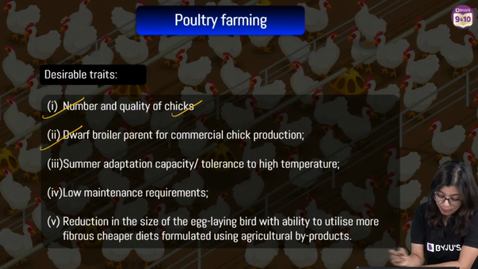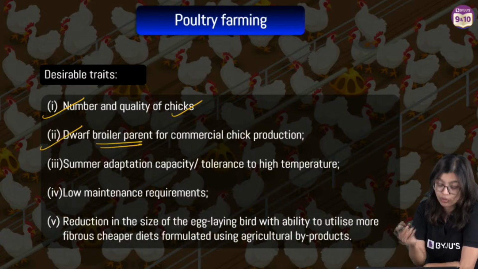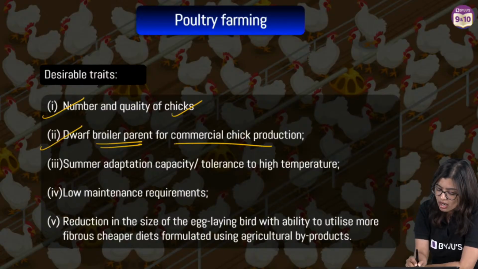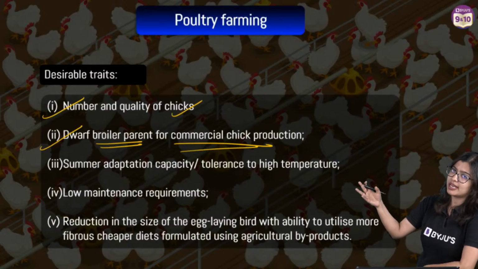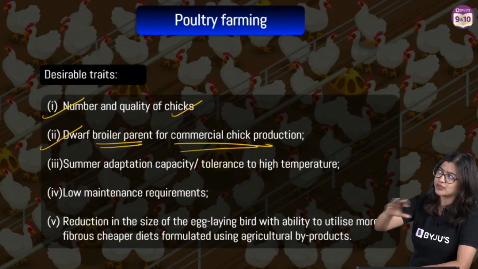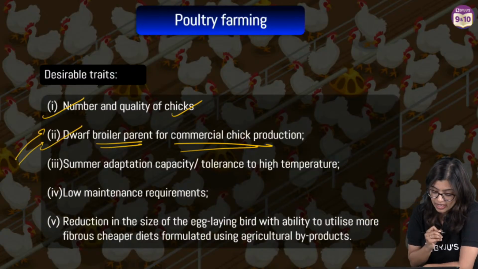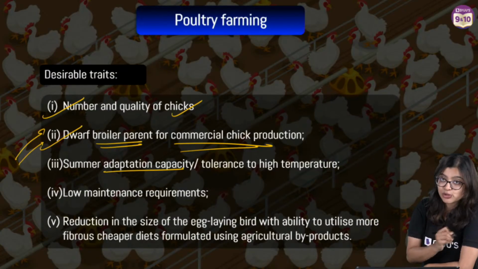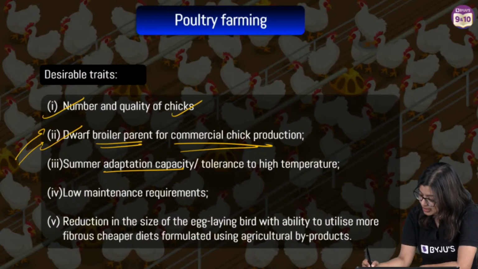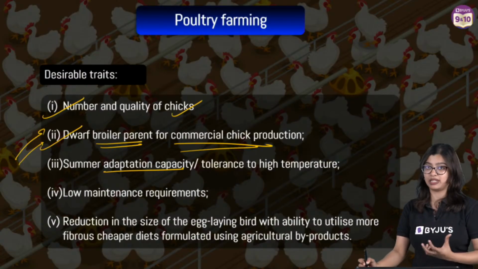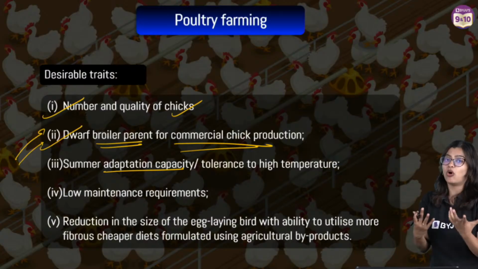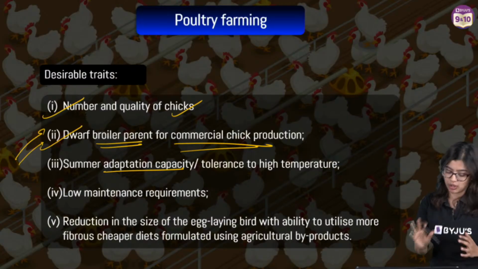Now a broiler parent is probably preferred for commercial chick production, right? So these are some observations that they have made that they prefer to have. Then of course adaptability. So during summers or during heat conditions, tolerance to high temperature is something that we look for so that they don't have adverse effects because of that.